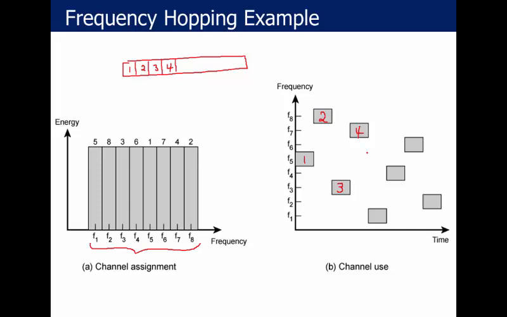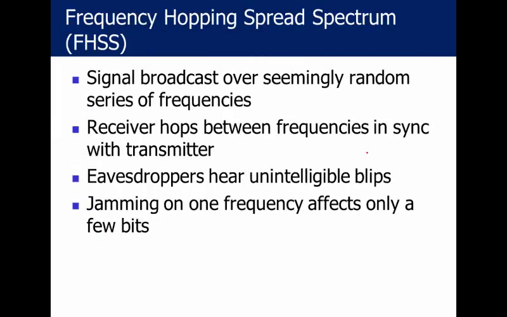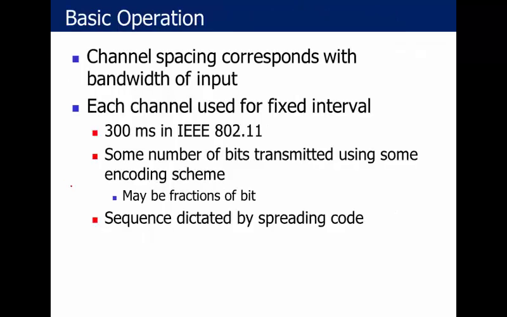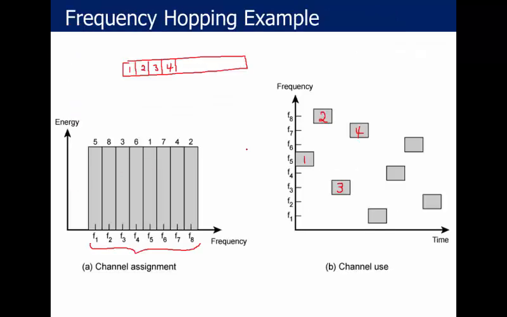In this scenario, for example, if an eavesdropper occurs at this frequency, then we still have data chipsets 1, 2, and 3.